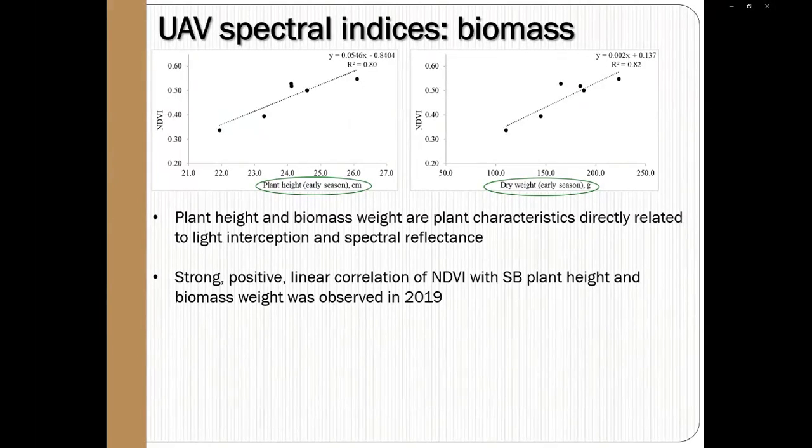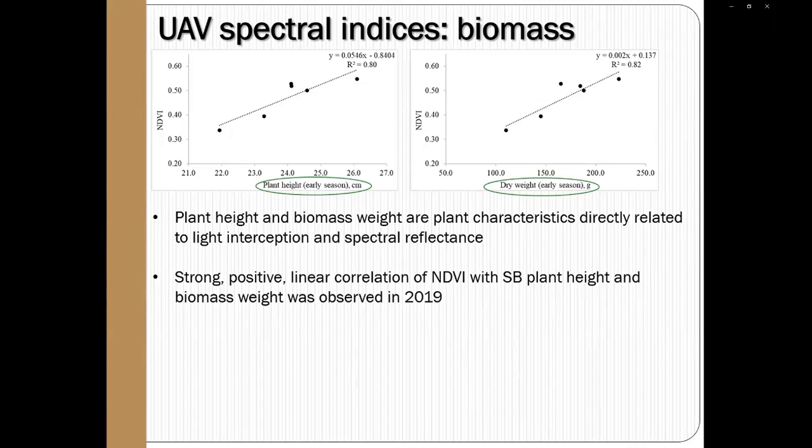Here's what we've seen in terms of the UAV spectral indices, NDVI specifically in this case, and the sugar beet biomass. The graph on the left shows the relationship between sugar beet plant height and NDVI measured in June, and the figure on the right shows the relationship of the sugar beet biomass dry weight and NDVI also measured in June.